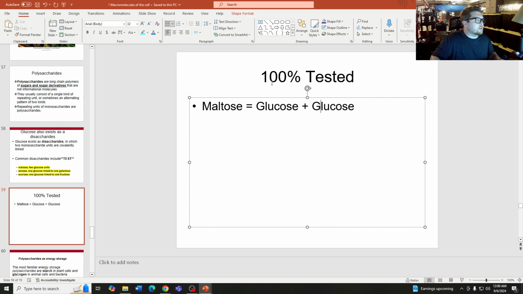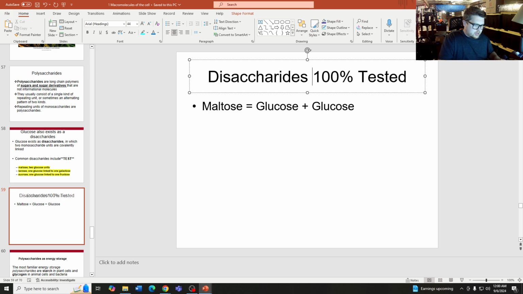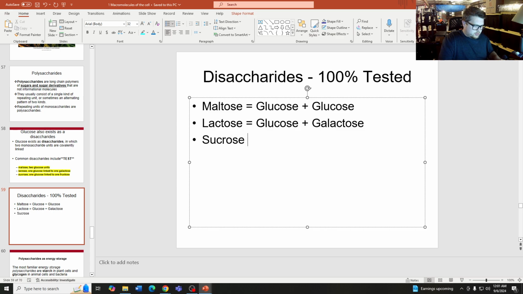Specifically, these are going to be disaccharides. Maltose is glucose plus glucose. Lactose is glucose plus galactose. And then sucrose is glucose plus fructose.